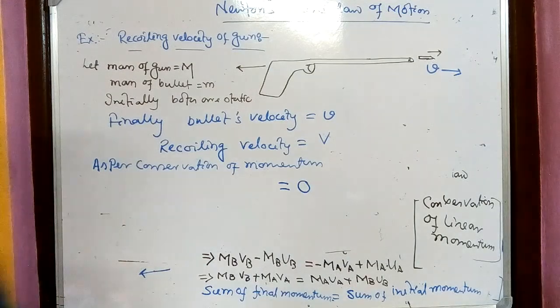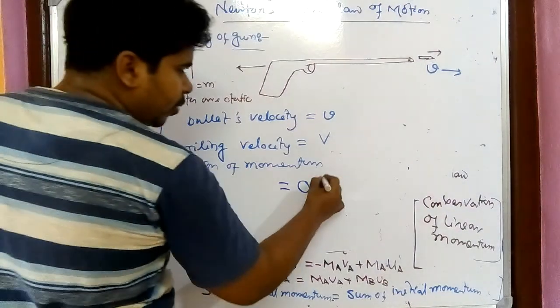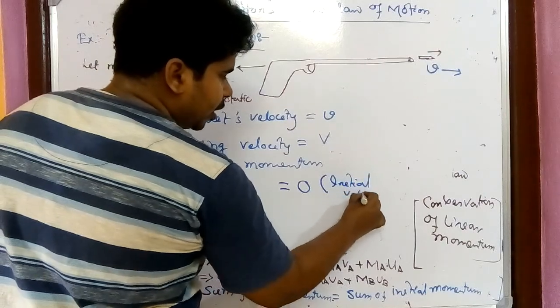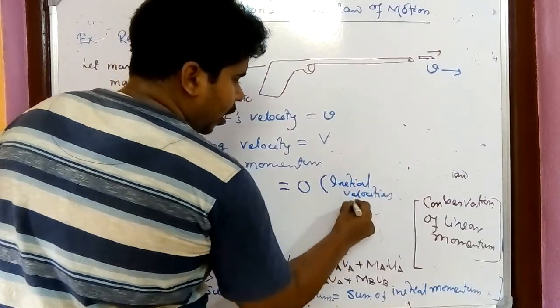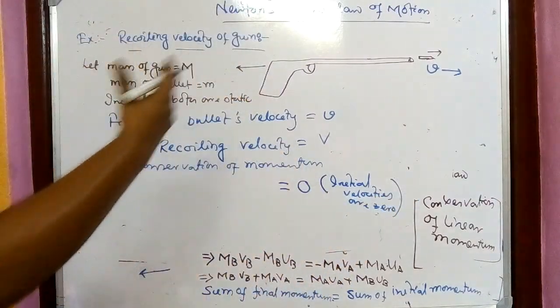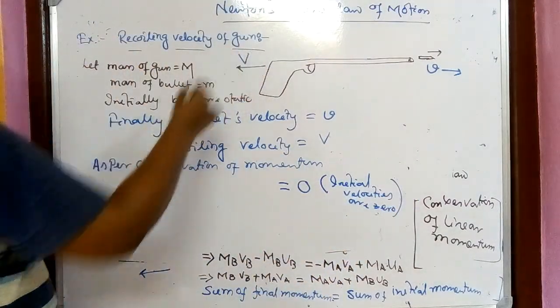The initial velocities of both the gun and the bullet are 0.